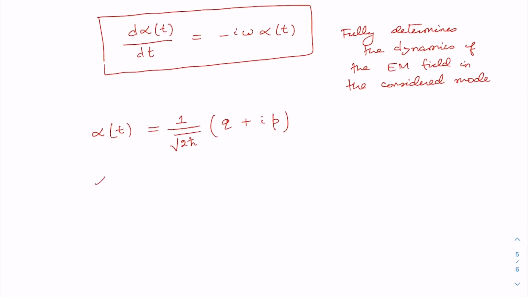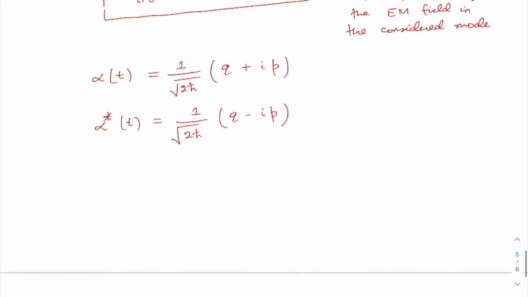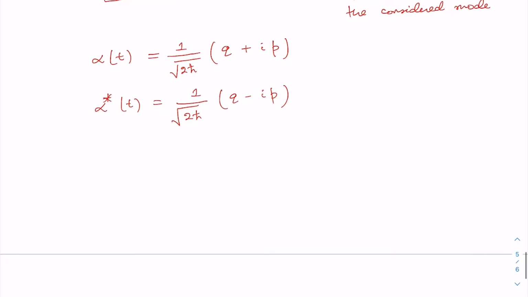Clearly alpha's conjugate would be 1 by root twice h cross times q minus ip, and from here one can immediately write these real variables q and p in terms of alpha and alpha star as follows.